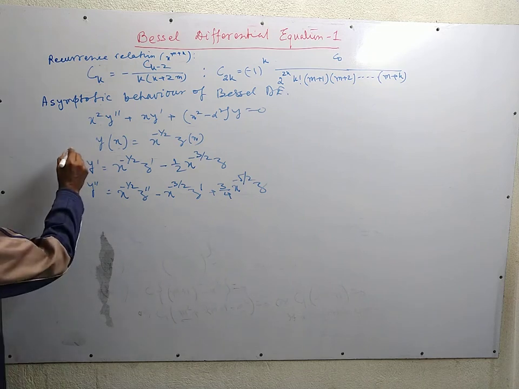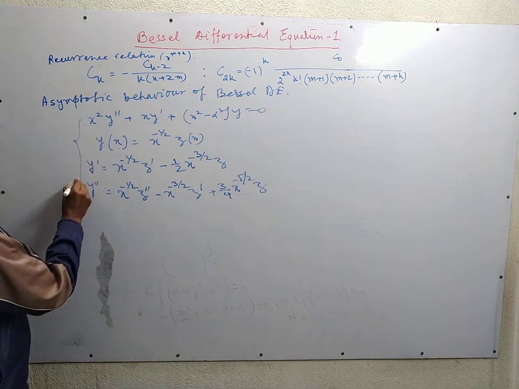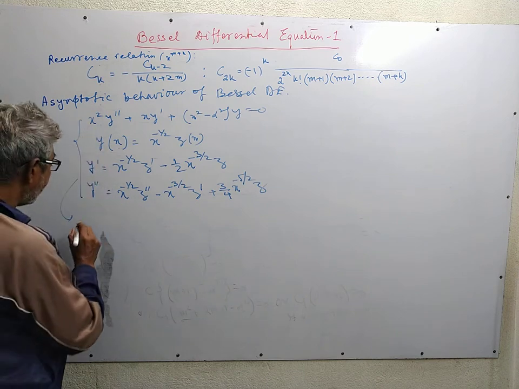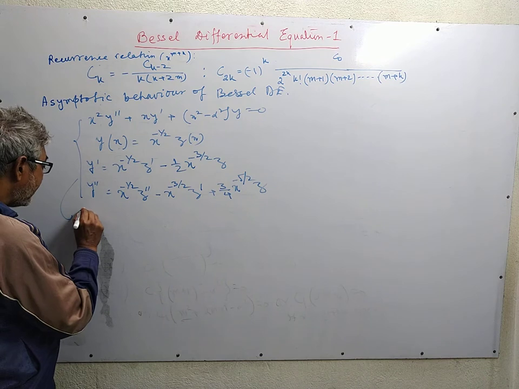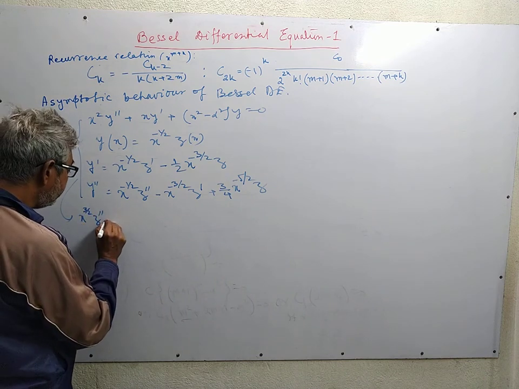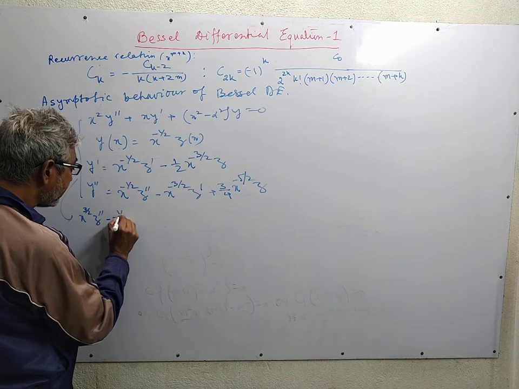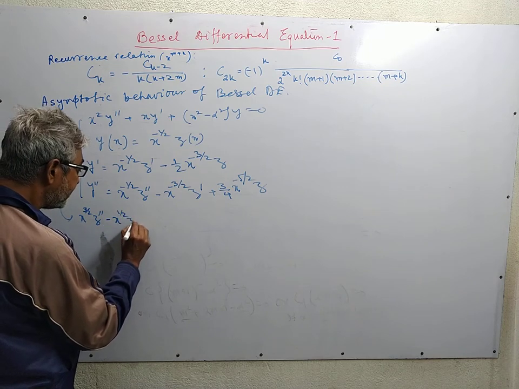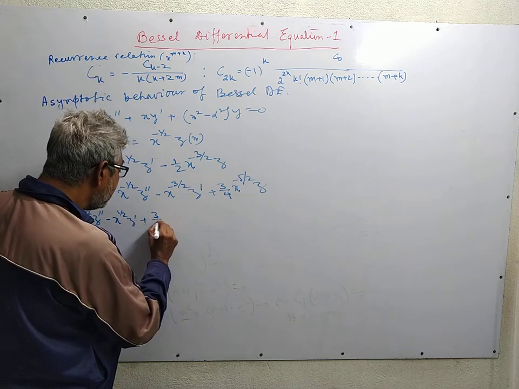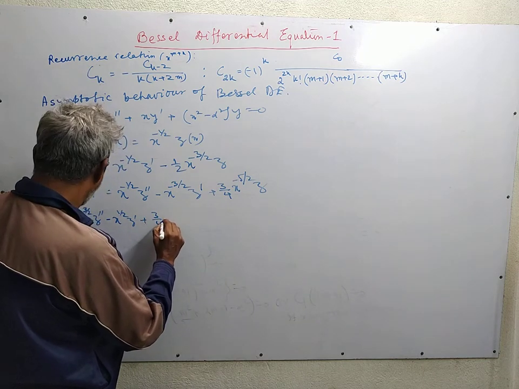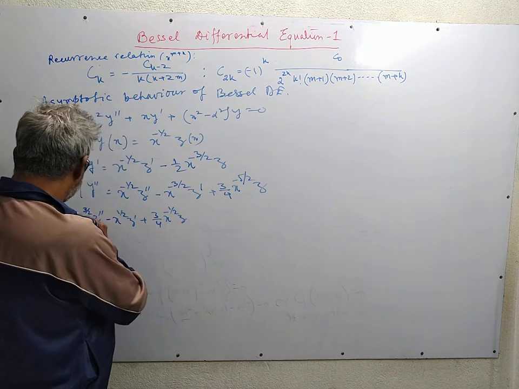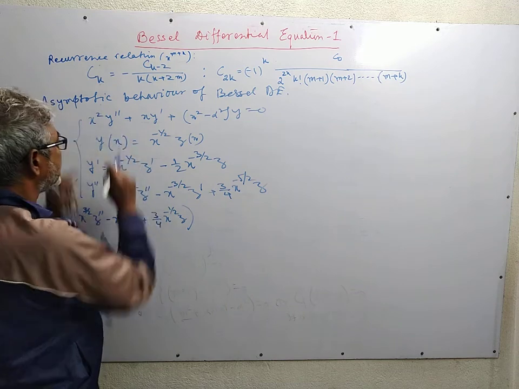If we use all these, then from the first term, multiplied by x square, we get x to the power 3 by 2 z double prime minus x to the power half z prime plus 3 by 4 x to the power minus half z. This term is coming from the first one.